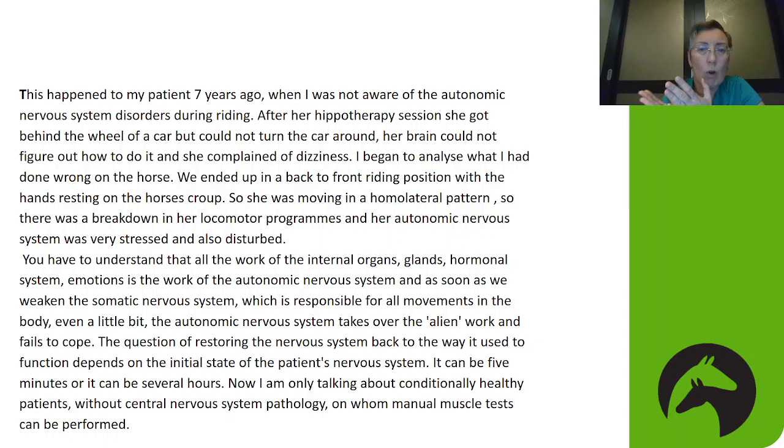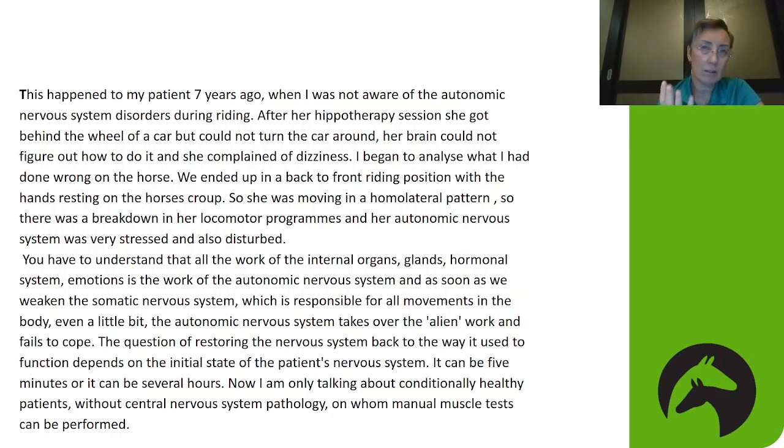So I didn't know what to do with her, because my patient, for 1 hour, was in a very bad feeling. And from this time, I began to analyze what I had done wrong on the horse.